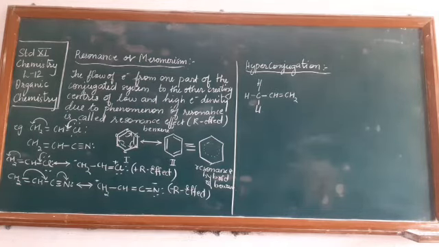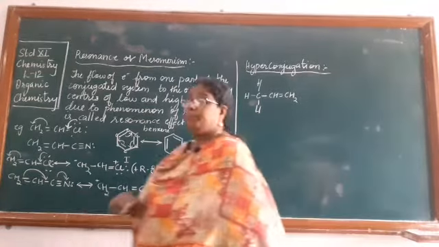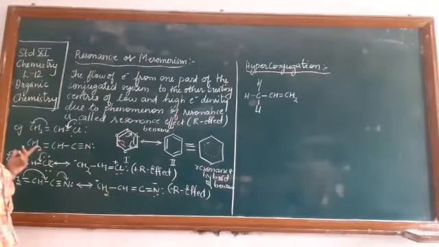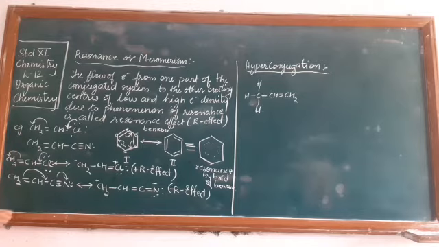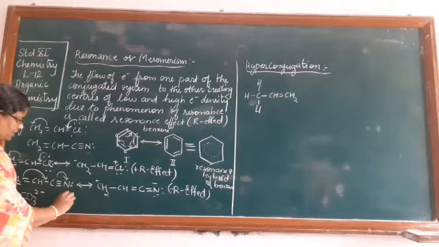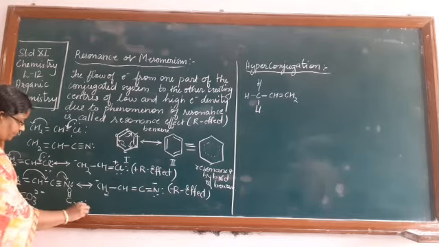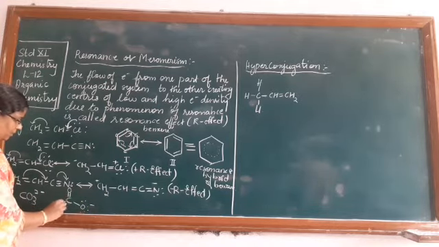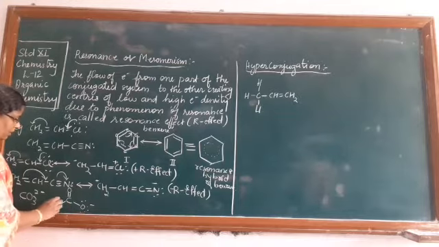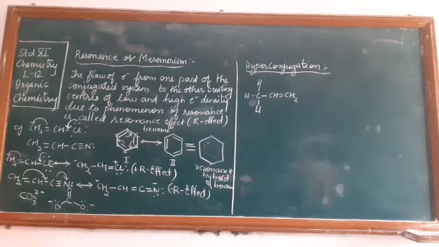Now come to hyperconjugation. Before going to hyperconjugation, let me give you some examples where you can find the resonance effect. All of you have learned CO3 2 minus. What is its structure? We had seen this when we were doing chemical bonding.